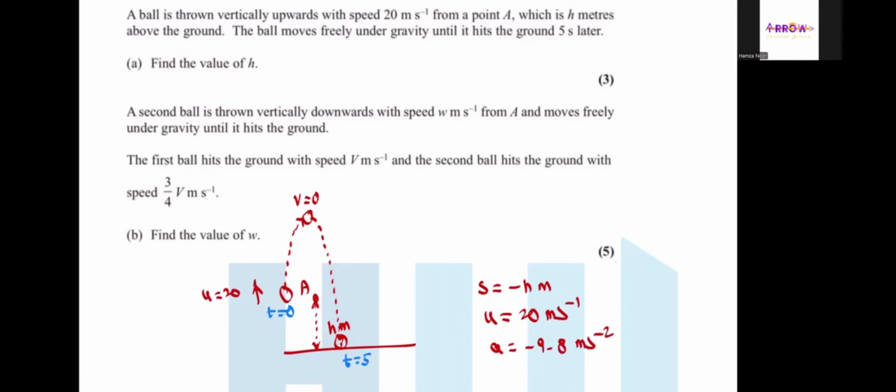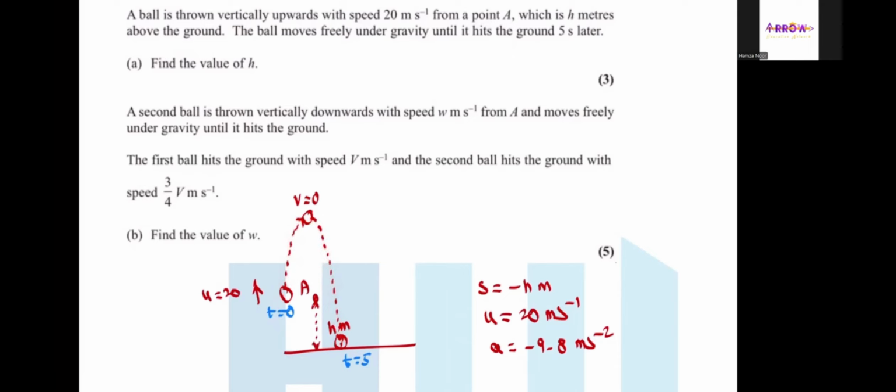When the ball is going upwards, it is decelerating, it is slowing down, and when the ball is coming towards the earth, it is accelerating in the opposite direction. So for this whole journey we have a negative value for acceleration, which is the acceleration due to gravity, minus 9.8.